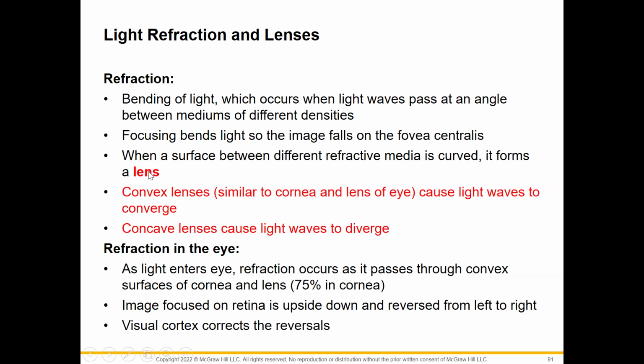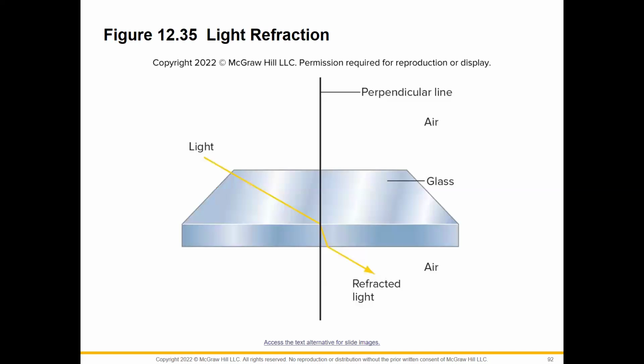When a surface between different refractive media is curved, it forms a lens. So that is what a lens is: a curved surface between different refractive media. Light going through a flat surface will typically change direction where it hits the surface and then continues on.